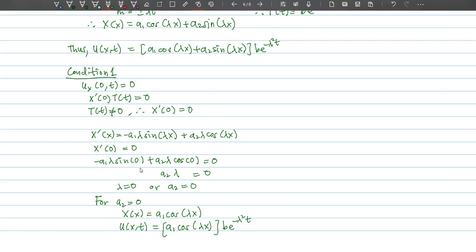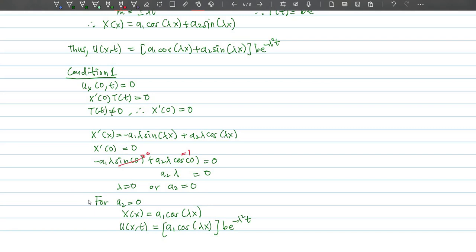So negative A1 lambda sin 0 plus A2 lambda cos 0. Sin 0 is equal to 0 and cos 0 equal to 1. Therefore we have A2 lambda equal to 0, so lambda equal to 0 or A2 equal to 0.